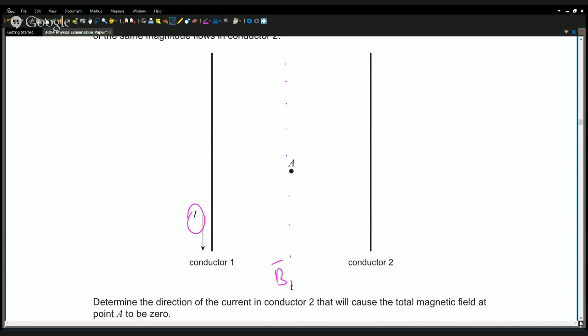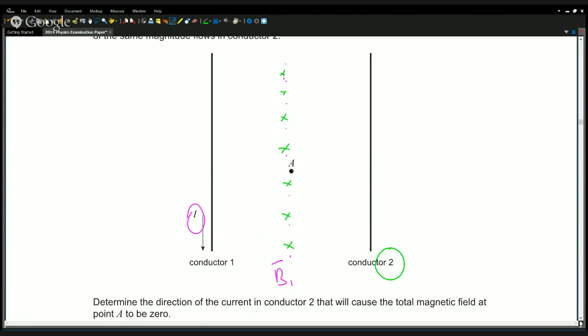Now to get that to work opposite, let's think about the other one. I'm going to make that fluoro green. So conductor 2. To cancel that, you're going to have the magnetic field strength go the opposite direction. Reverse engineer that with your right-hand curl rule.